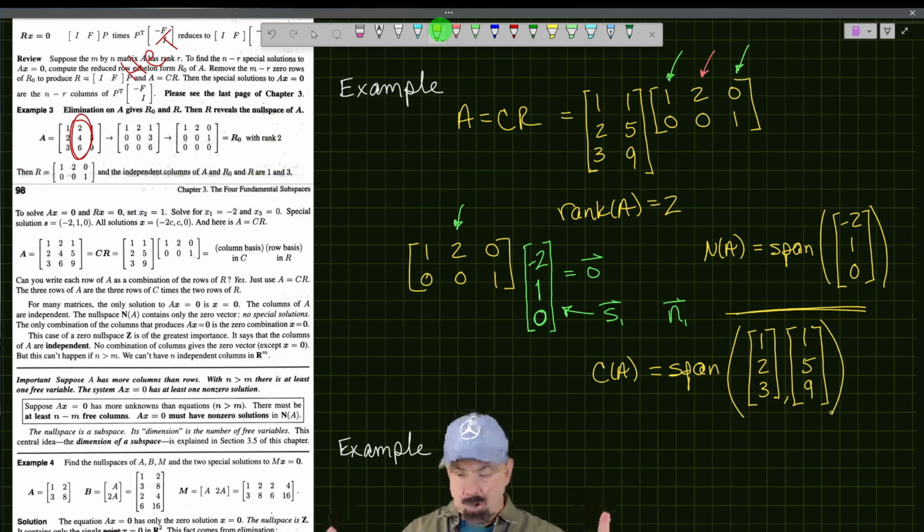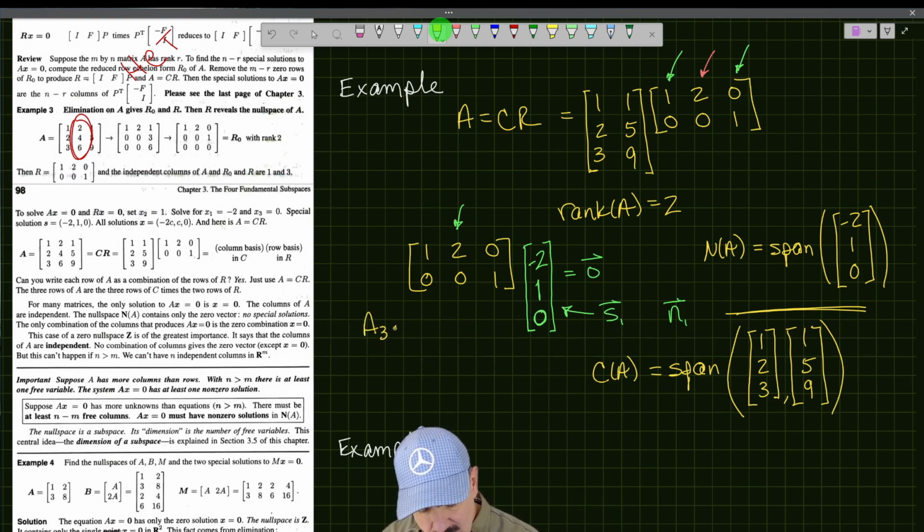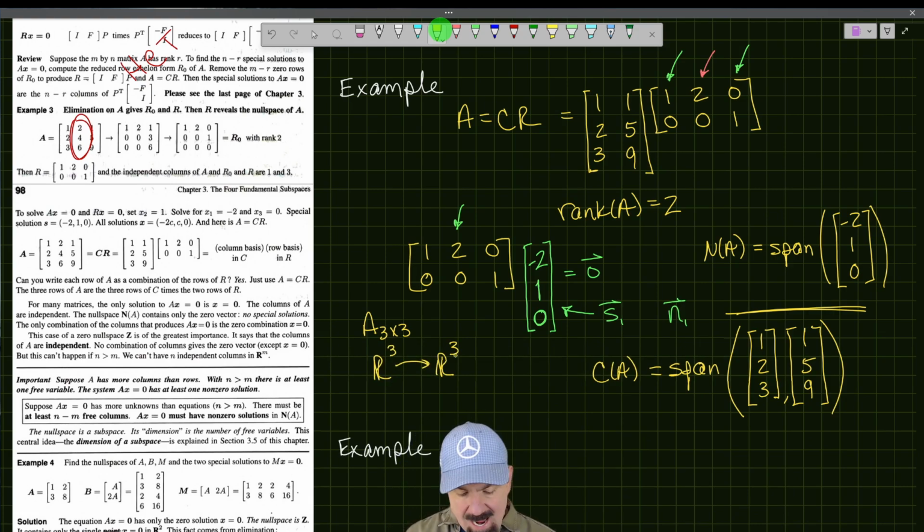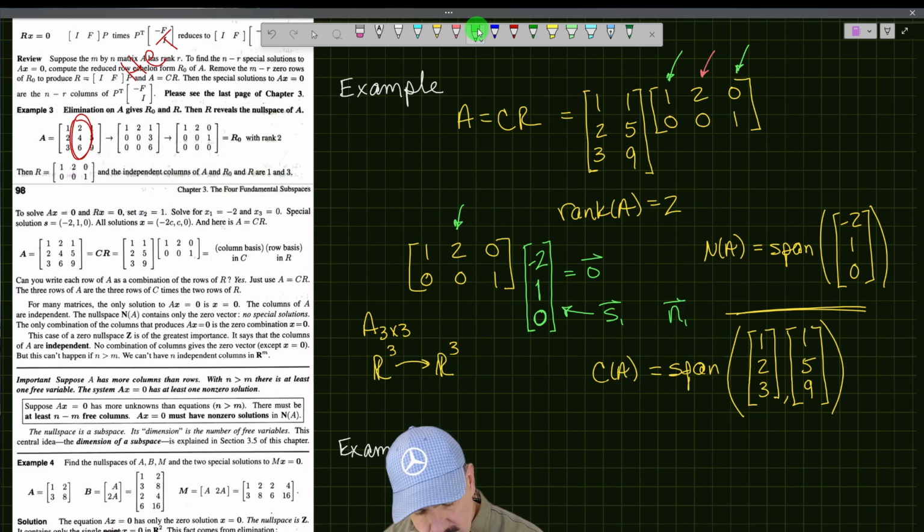Let's review a little bit more. We know that A is 3 by 3. So because A is 3 by 3, A is mapping R3 to R3. And we know what the null space is, and we know where it is. The null space is over on this side. So let me change colors. I'll go to the cyan here.